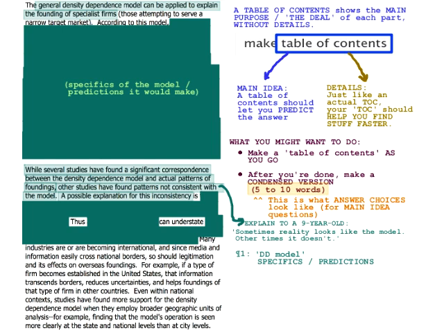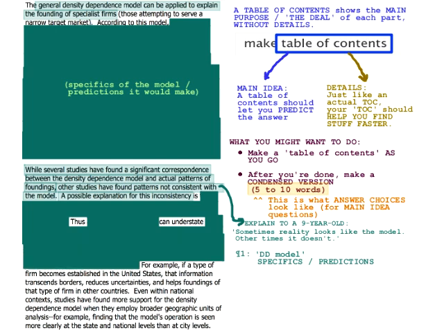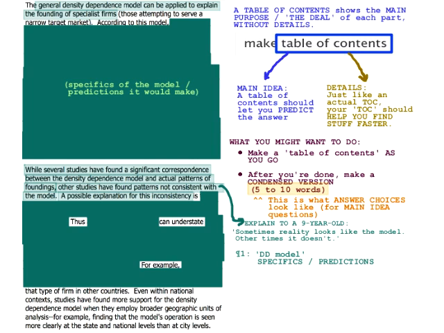And then many industries are blah, this just kind of looks like examples of what we just said. And for example is definitely another example of what we just said. All right. And then blah, blah, blah, studies have found more support for our model when they employ broader something.